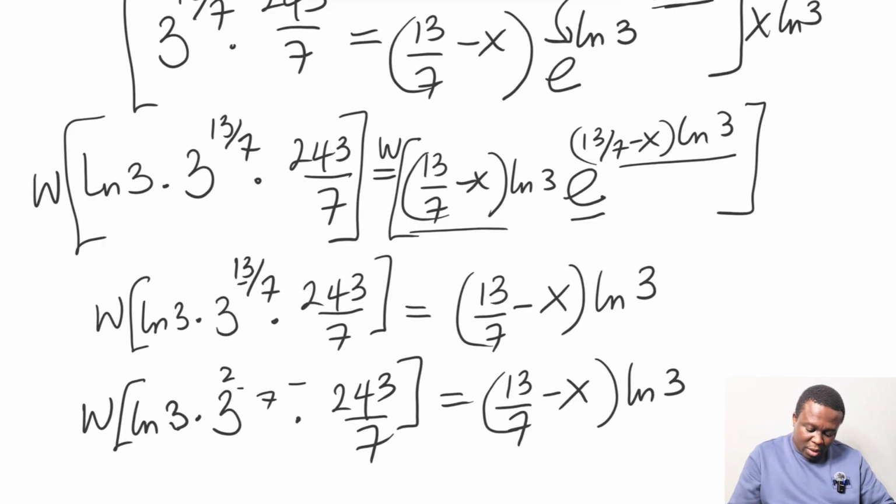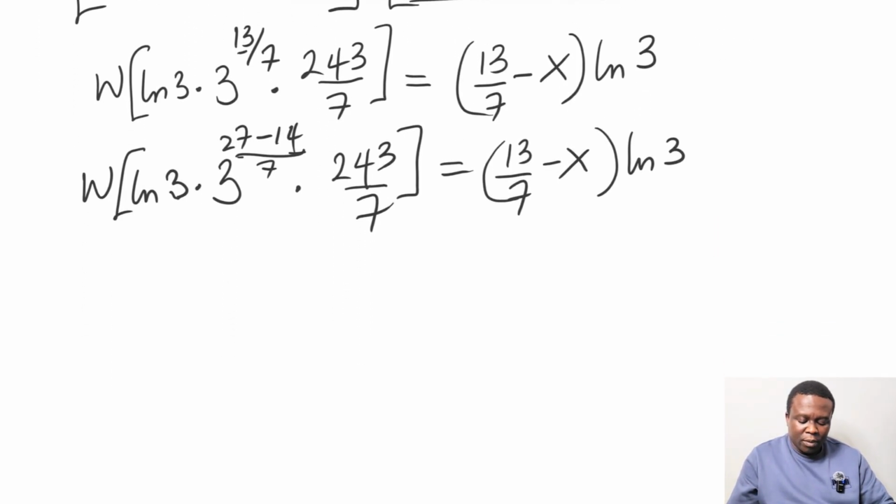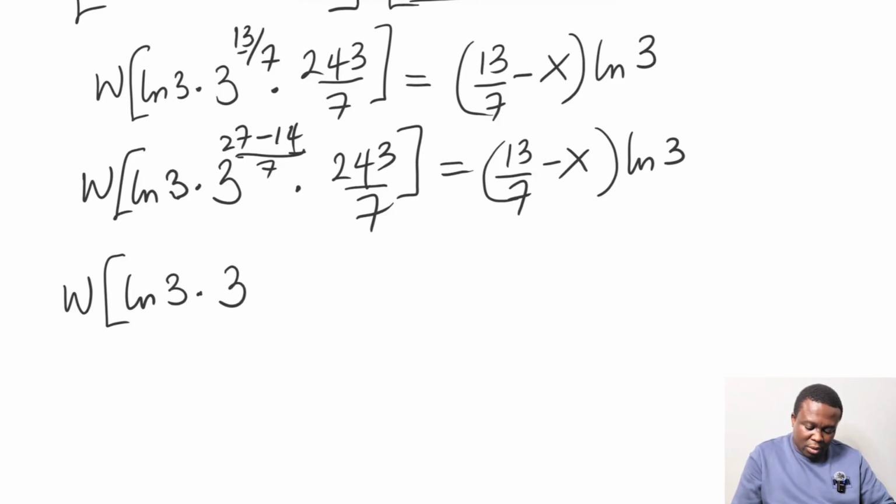So this is 27 minus 14. Now, this becomes 3 raised to the power 27 over 7 times 3 raised to the power minus 14 over 7, same thing, times 243 divided by 7.